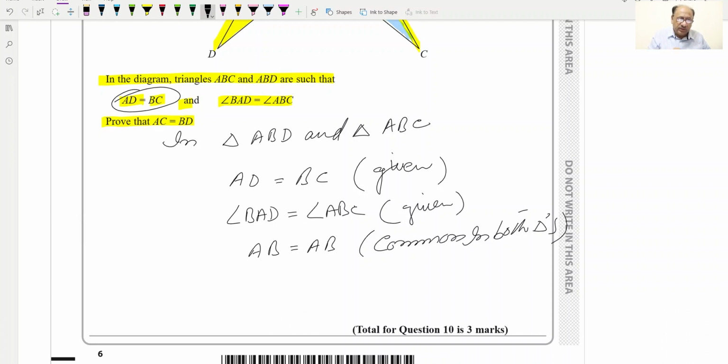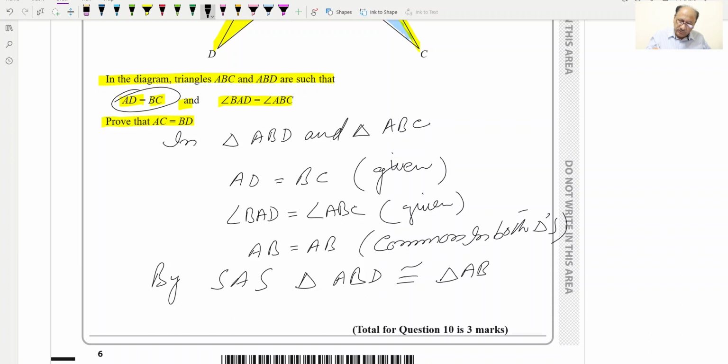Now this implies what? We are using the SAS rule, side angle side. So by side angle side, triangle ABD is basically congruent to triangle ABC.